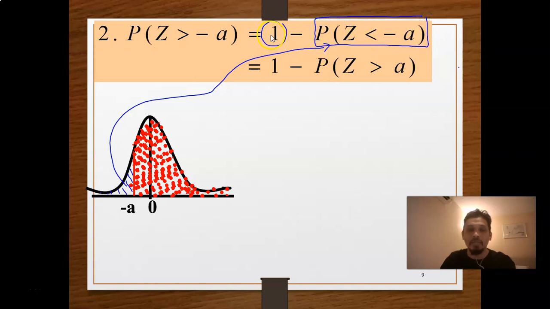So the whole area, which is equal to 1, minus the area which is less than negative a, the shape with the blue ink, equals the area of this part here. So 1 minus the probability of Z greater than a.